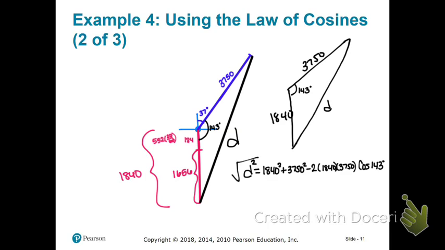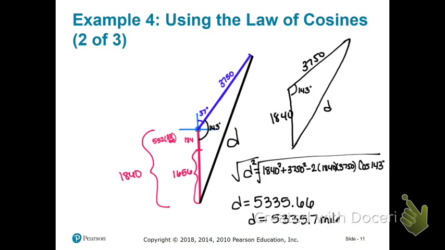And don't forget to take the square root. All right, so we got 5,335.66, which means rounded to the nearest tenth is 5,335.7 miles.